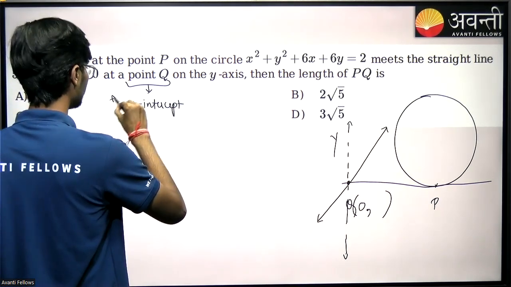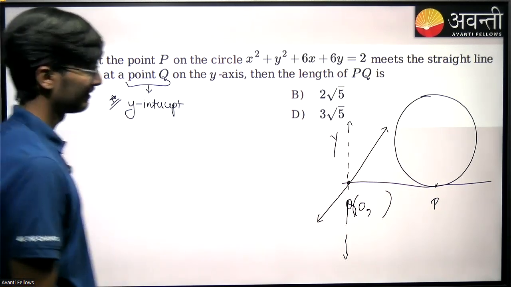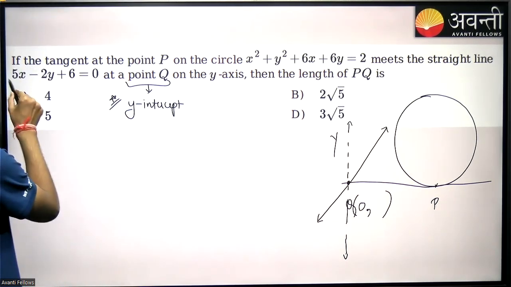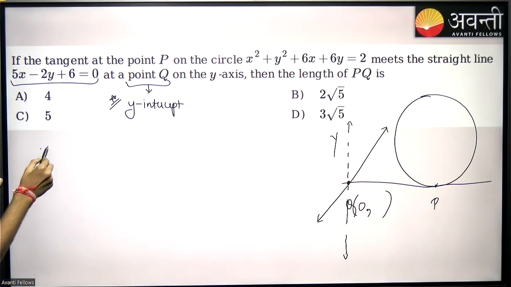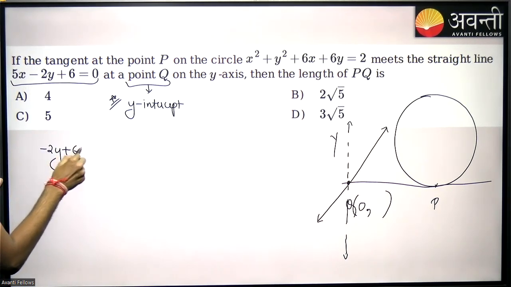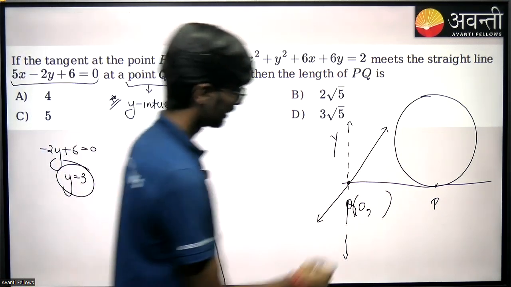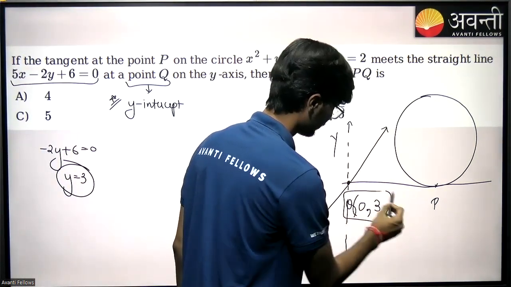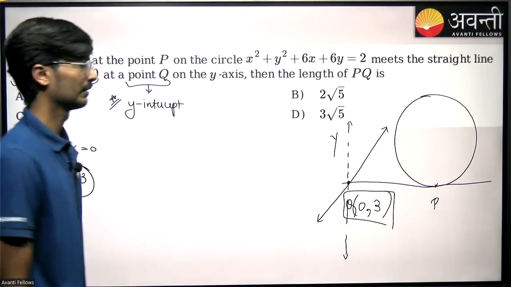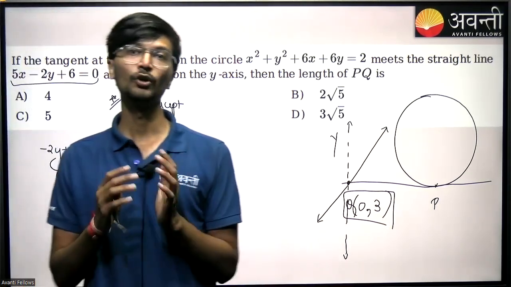This is a star mark. For the y-intercept, we put x equals 0 in this line. So if I put x equals 0, I get minus 2y plus 6 equals 0. That means y equals 3. So the point Q will become (0, 3). Correct, guys? Point Q will become (0, 3).